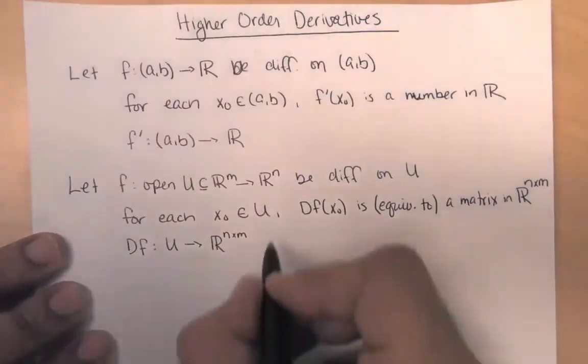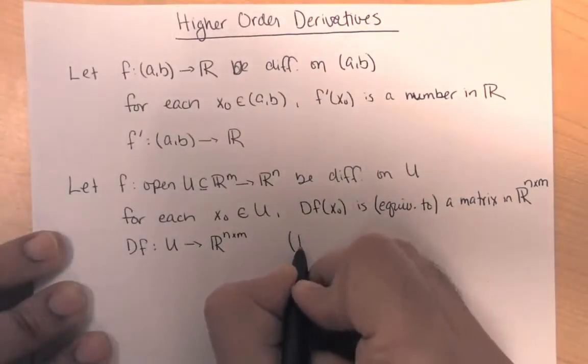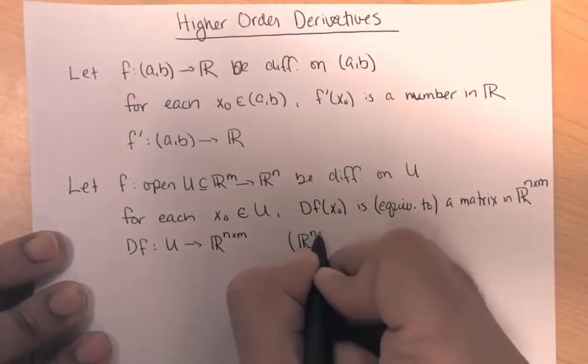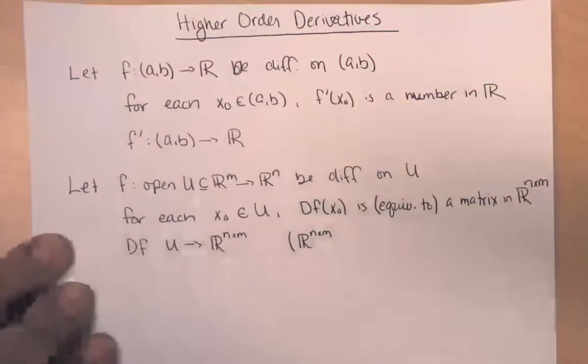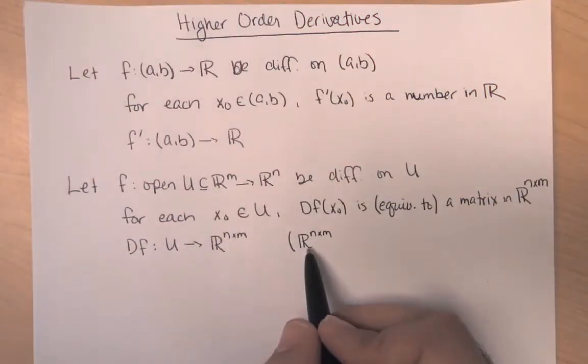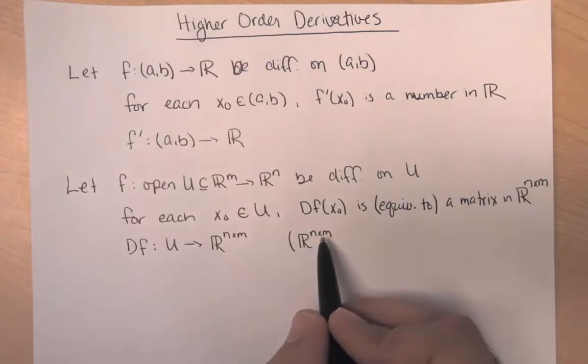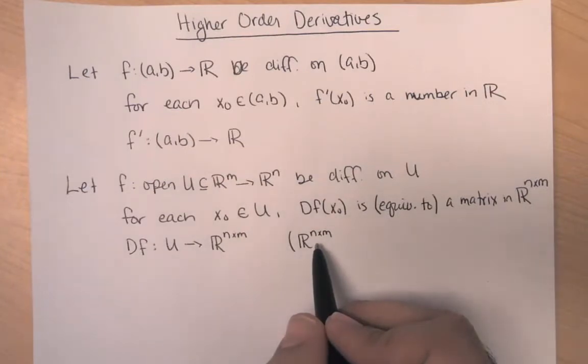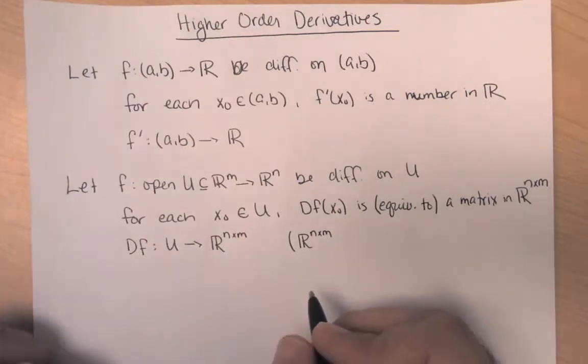Now just a quick parenthetical. A matrix that is n by m is every matrix with n rows and m columns. But again, every matrix corresponds to a linear map from Rm to Rn.